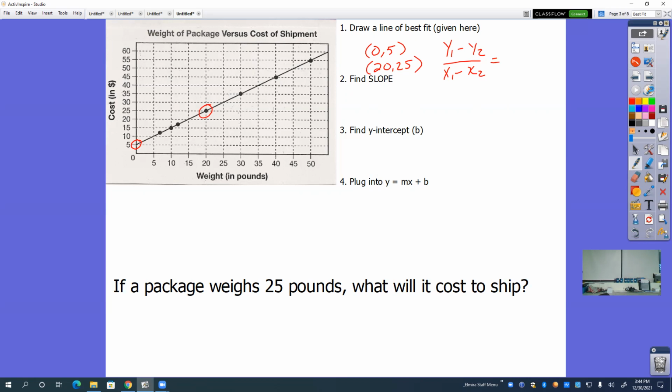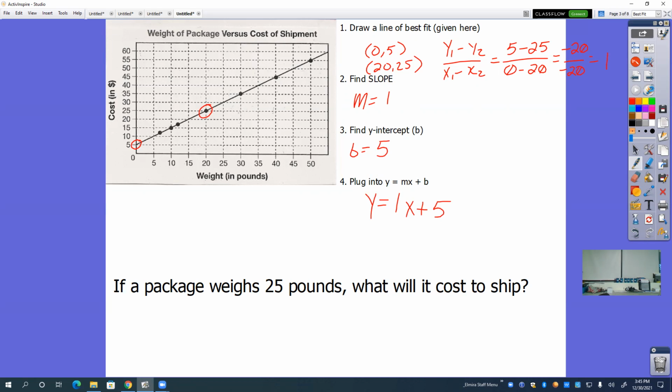So that would be 5 minus 25 over 0 minus 20. Okay, so that equals negative 20 divided by negative 20, which equals positive 1. So m equals 1. Our y-intercept b is 5. And so then y equals 1x plus 5.